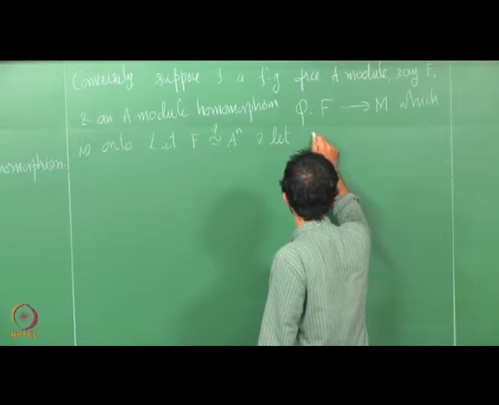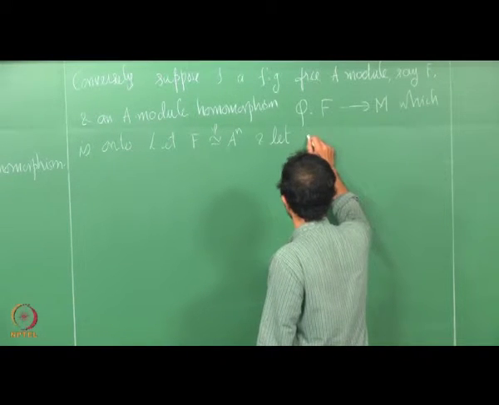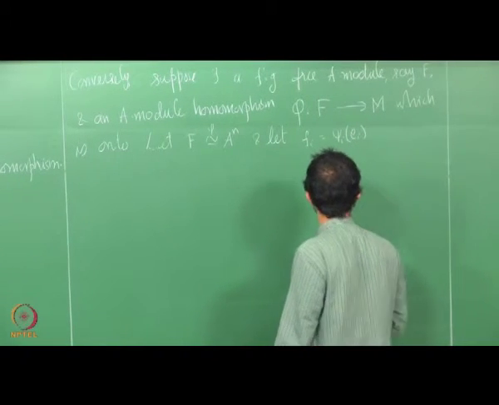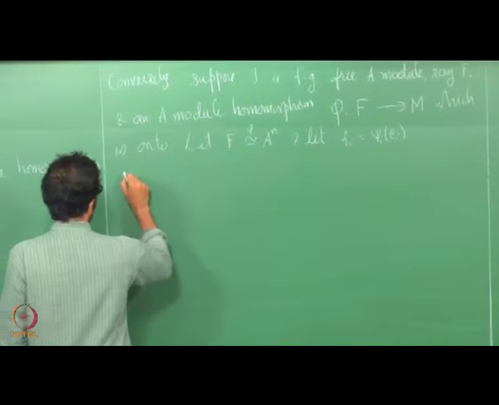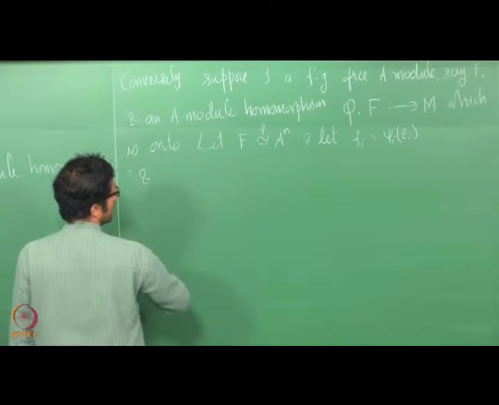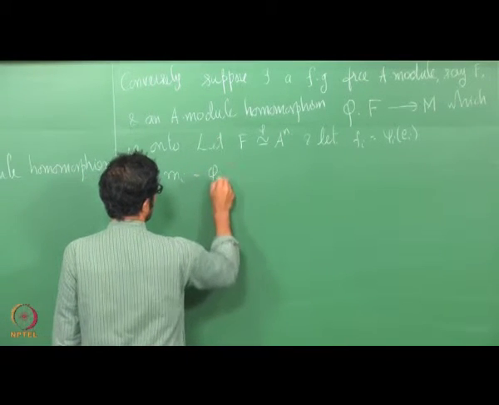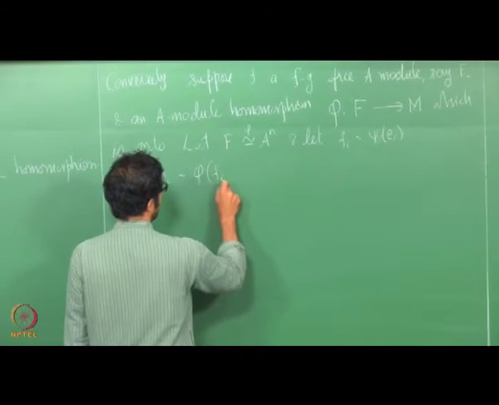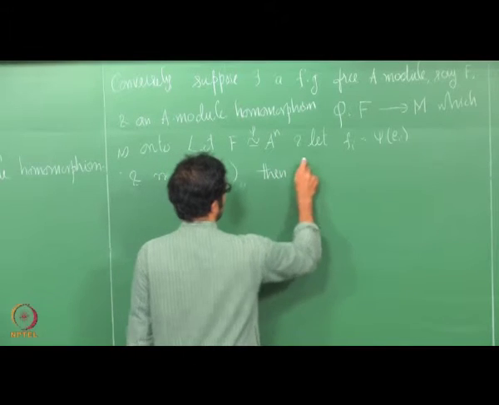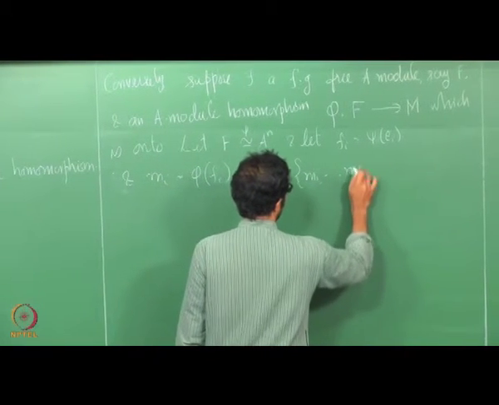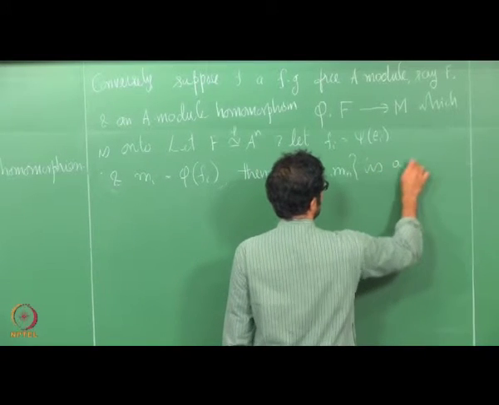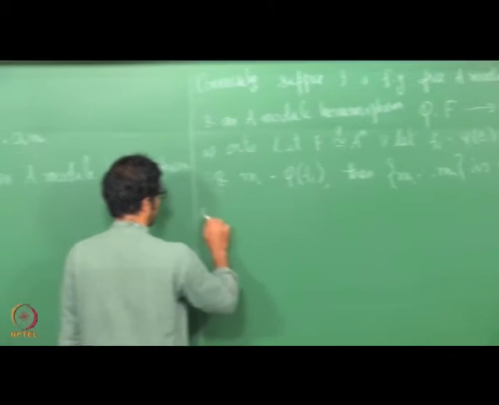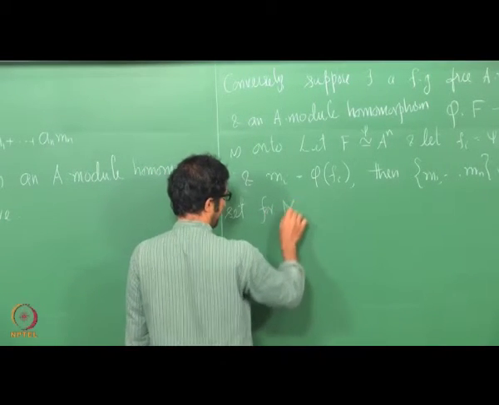Let Fi be psi i of Ei, and let Mi be equal to phi of psi of Ei, that is phi of Fi. Then M1 up to Mn is a generating set for M.